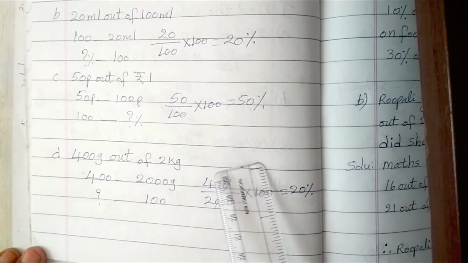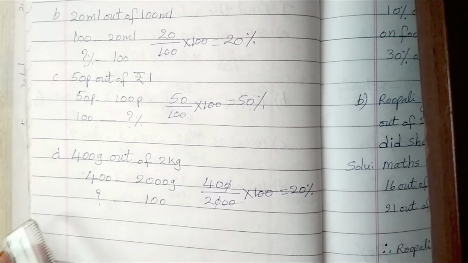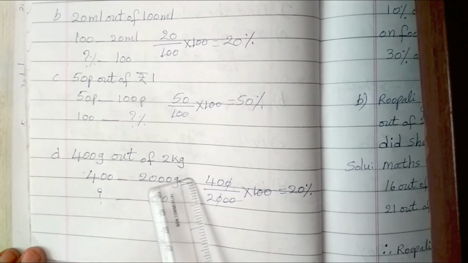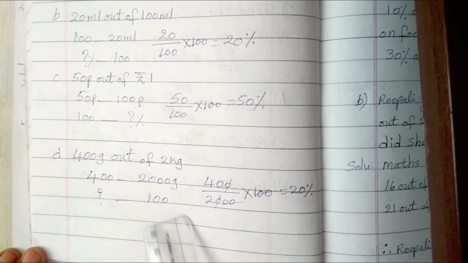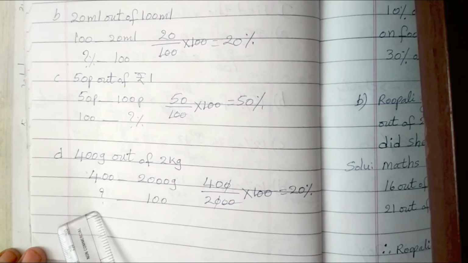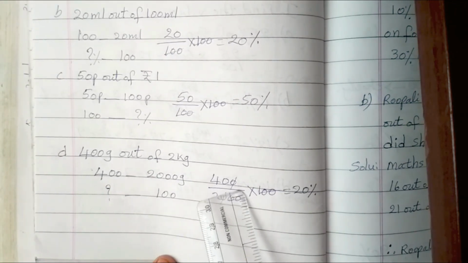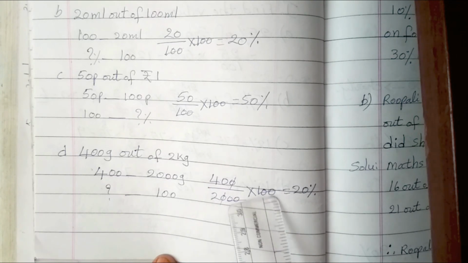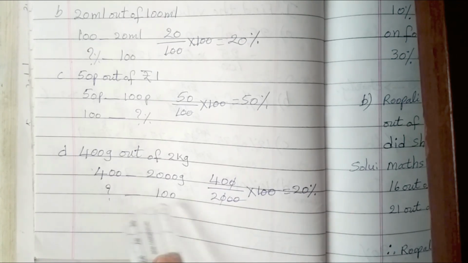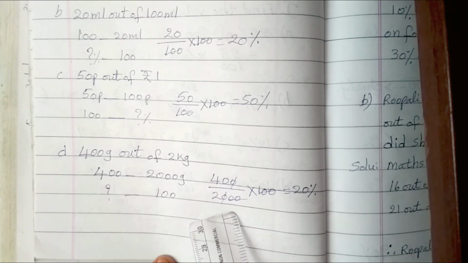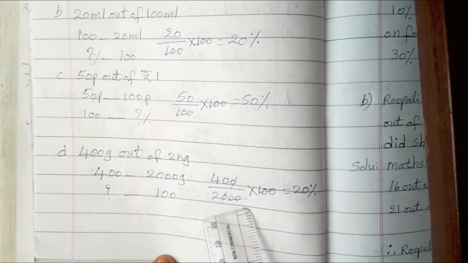Now D bit, 400 grams out of 2 kgs. So 1 kg is equal to how many grams? 1000 grams. Right? So for 2000 grams, if it is 400, now what is the percentage for 100? Now do the working column here. 400 by 2000 into 100, we are trying to find out the percentage here. So cancel the zeros here in 100 and in here 2000.